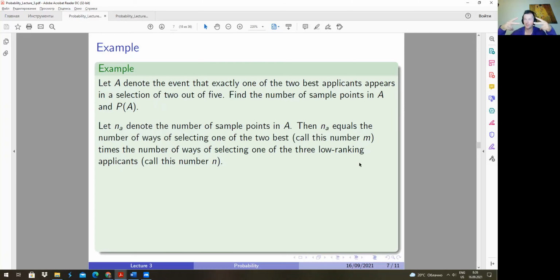We apply the multiplication principle. We know that there are two elements in our selection. One element is one of two best. This is the combination of 1 out of 2. Another element is the combination of 1 out of 3 least professional candidates. And then we multiply these two numbers.